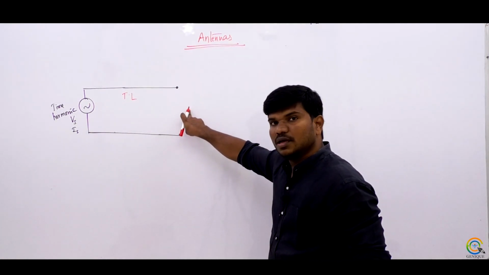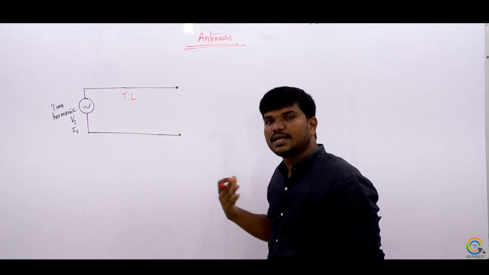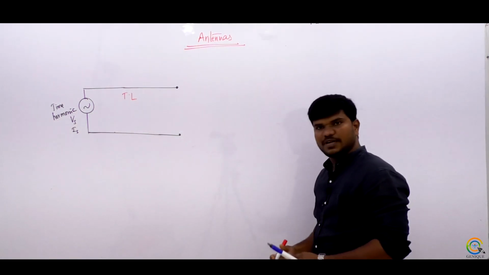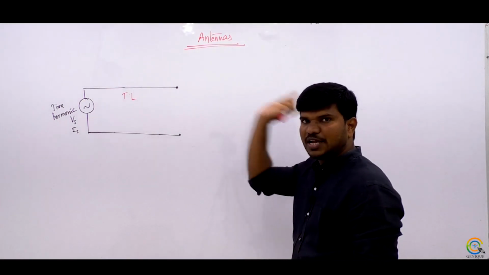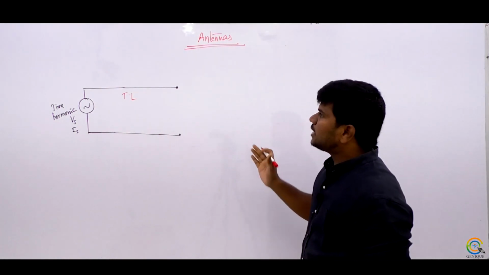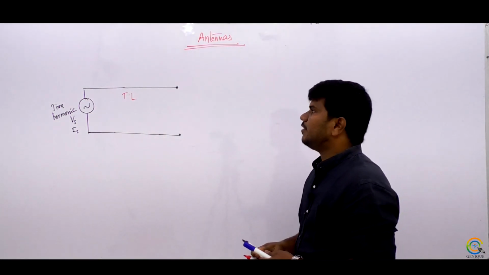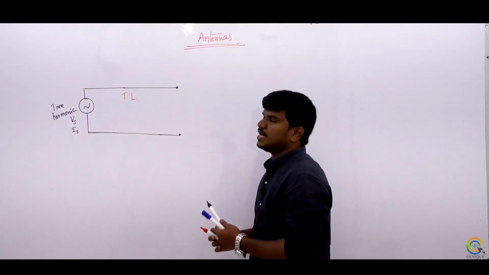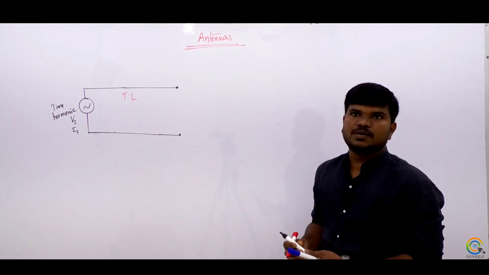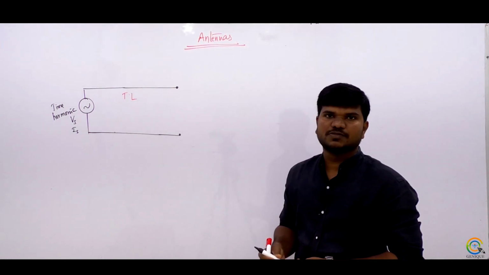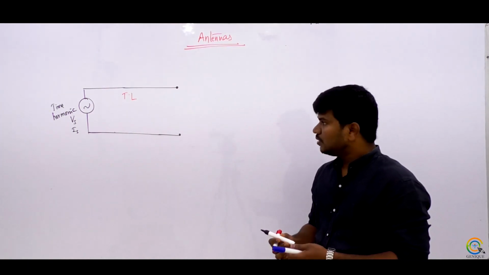it may be a reactive element, meaning a purely inductive or a purely capacitive element, then there exists maximum reflection. Maximum reflection means there exists a standing wave on this line. So the voltage maxima and minima and current maxima and minima will exist on the line periodically.